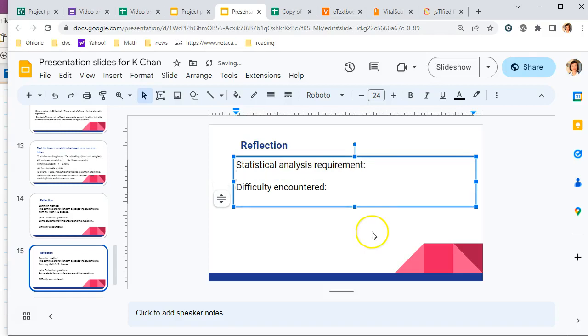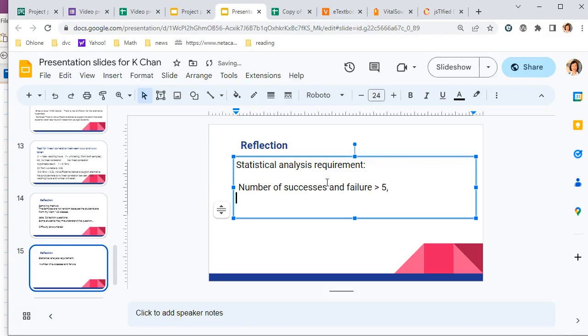So remember we were doing a confidence interval for proportion. So do we have our number of successes and failures both greater than 5? And also our total sample size for both samples greater than 30?